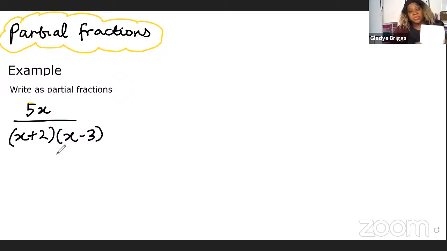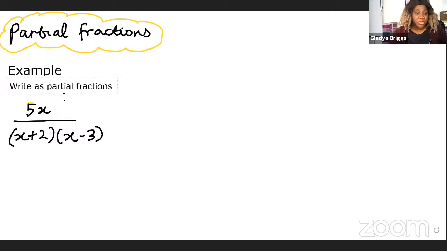Okay, so you have a single fraction there and it's asking you to write it as partial fractions. So there are some steps, but you just have to follow the steps to get it right.